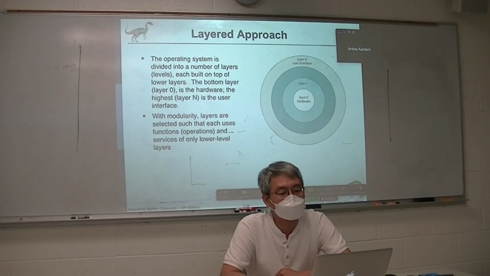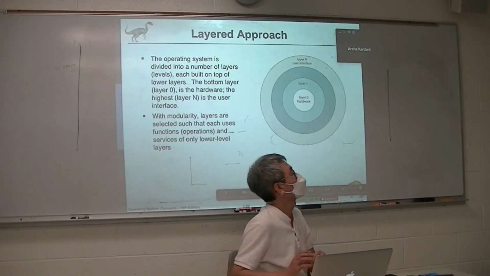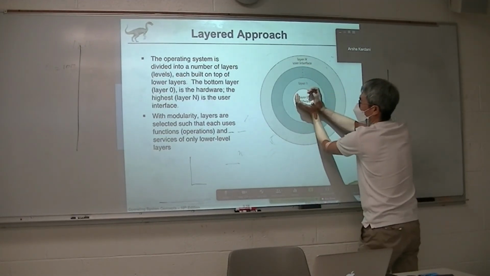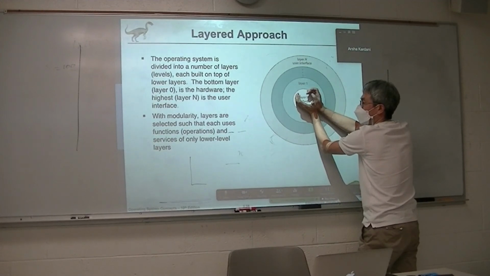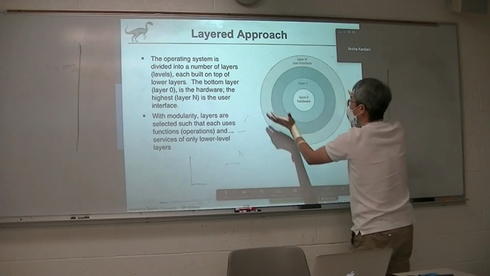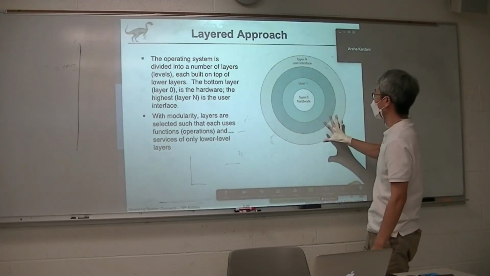Some operating systems use a layered approach. The layered approach means we have the hardware part, like the device, then the system library, the application, and the kernel, like this.